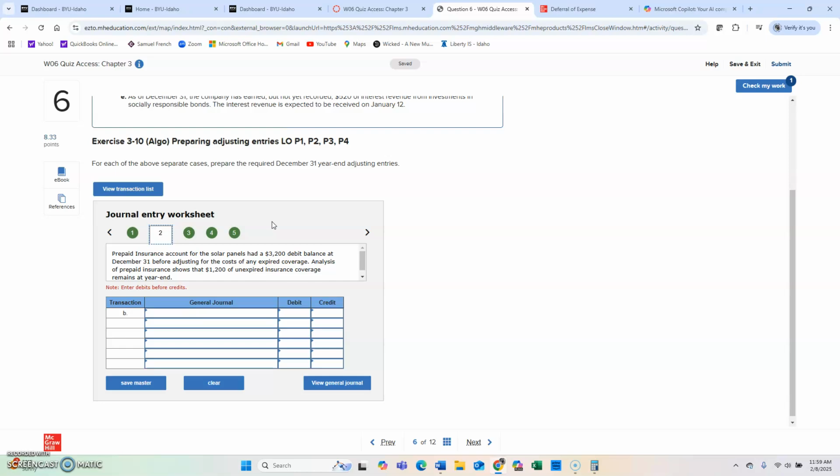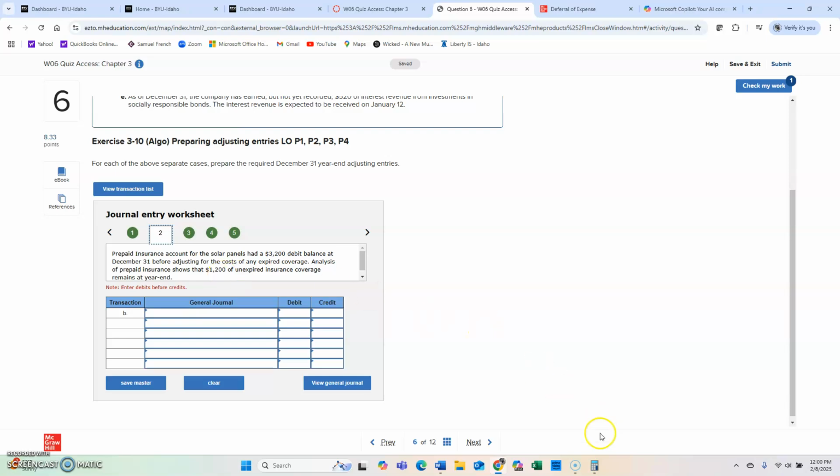So I like in the book, the reading this week, it talks about how you first need to identify what the beginning balance is, which is this $3,200, and then you identify what the final balance should be. So it looks like we should have $1,200 of prepaid insurance.